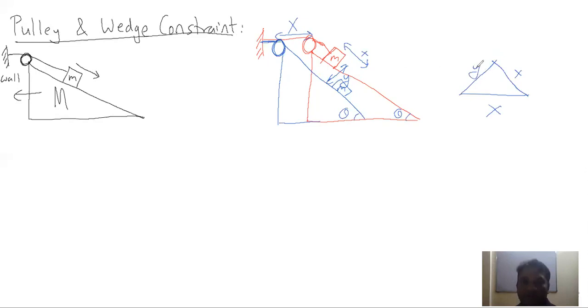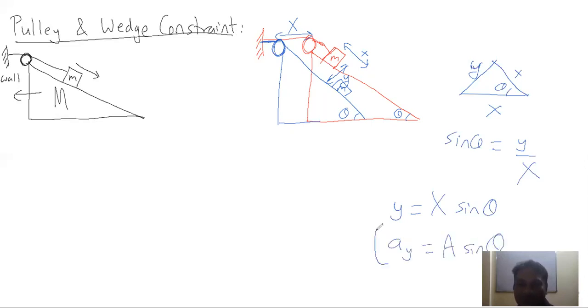So this is the y displacement. Again, this angle is theta. So sine theta is equal to y upon x, so y is equal to x sine theta. So ay is equal to capital A sine theta, on differentiating 2 times. This is the previous relation.